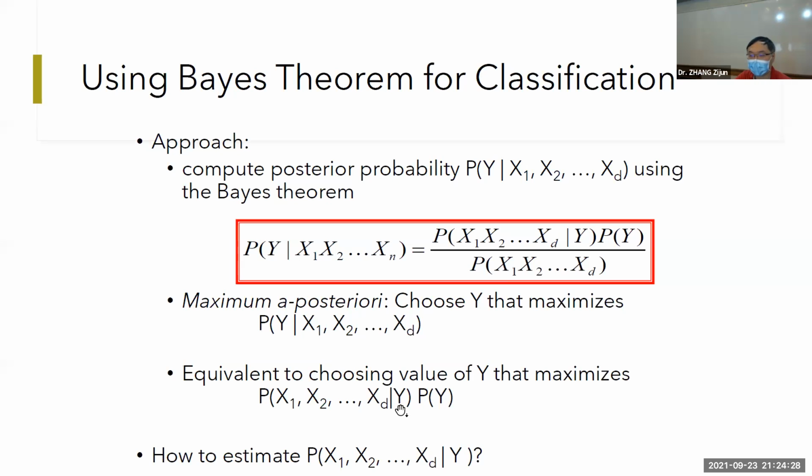Why? Because the bottom one is the same for every type of y. So only the top matters. So only this product term matters.